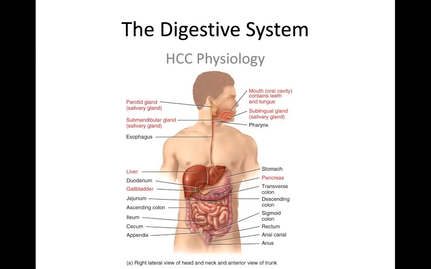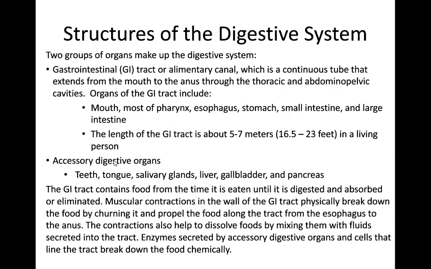Now, in this picture, we also show, and I guess that's why they colored those red, what we call the accessory digestive organs, which include your teeth and your tongue found in your mouth, salivary glands that are associated with our mouth, the liver, the gallbladder, and the pancreas. Those don't directly do any digesting.